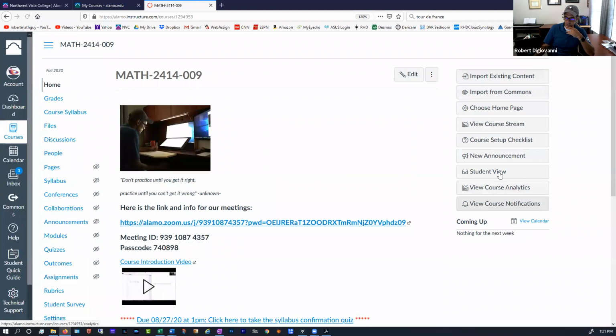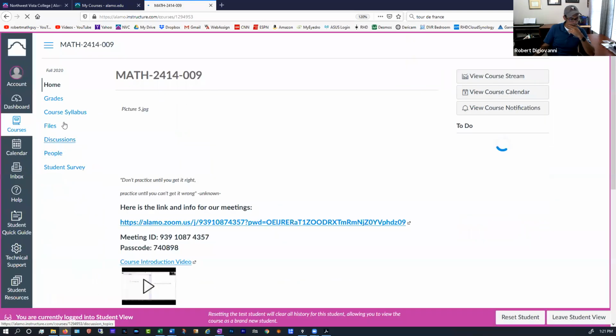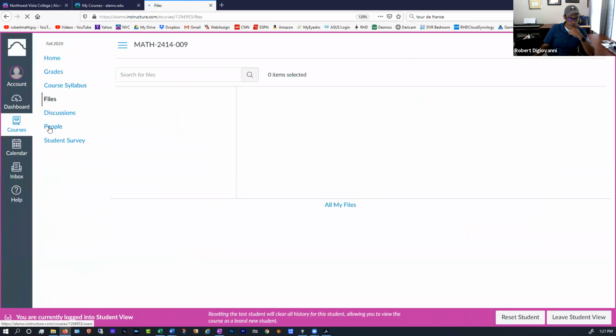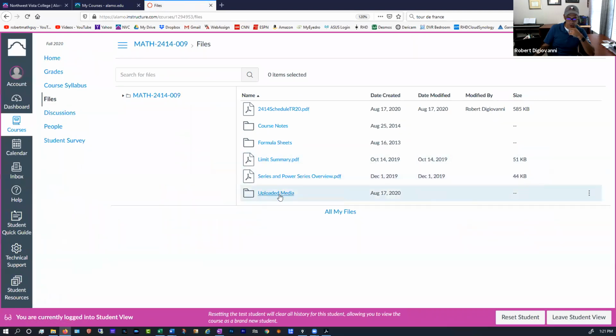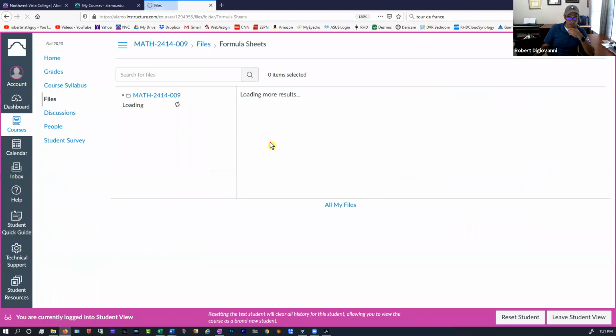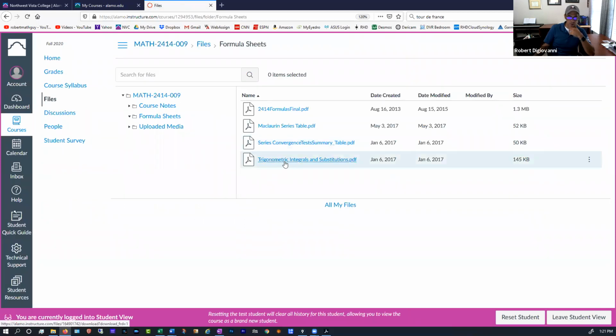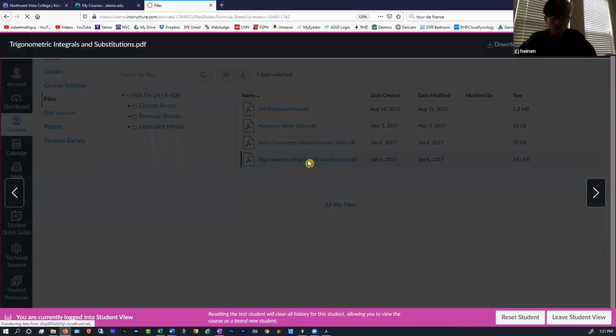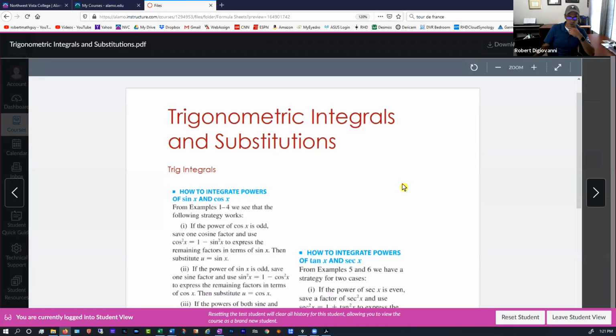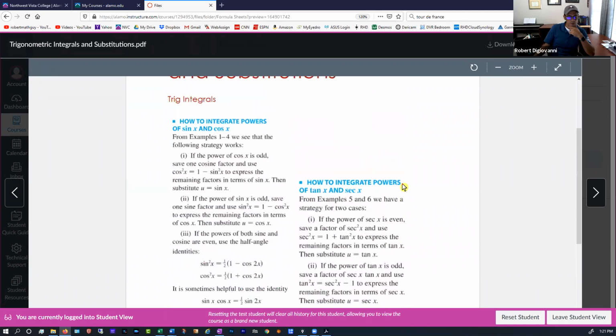Let me just go to student view. Yours will look more like this. You go to files, and then you'll see formula sheets. Click on that, and then you'll see trigonometric integrals and substitutions. Click on that, and that is the sheet you are allowed to have on the test.